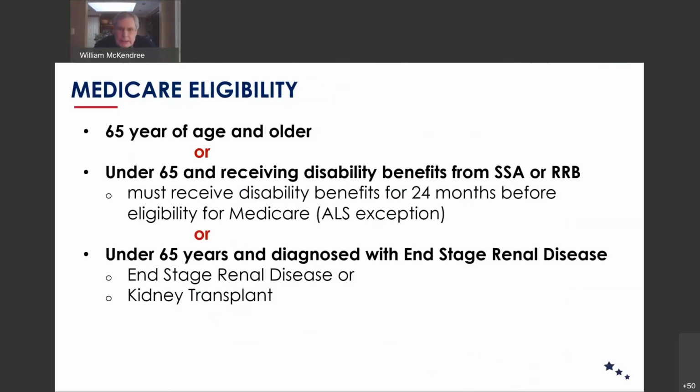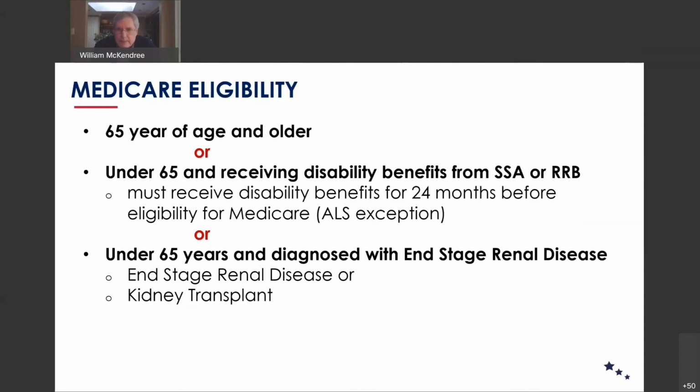If you're a U.S. citizen or legal resident of the United States, you are entitled to enter the Medicare system upon reaching the age 65. About 25–30% of the people in Medicare are there under age 65, and their entry into Medicare is based on their being recognized by the Social Security Administration or by railroad retirement as being disabled.